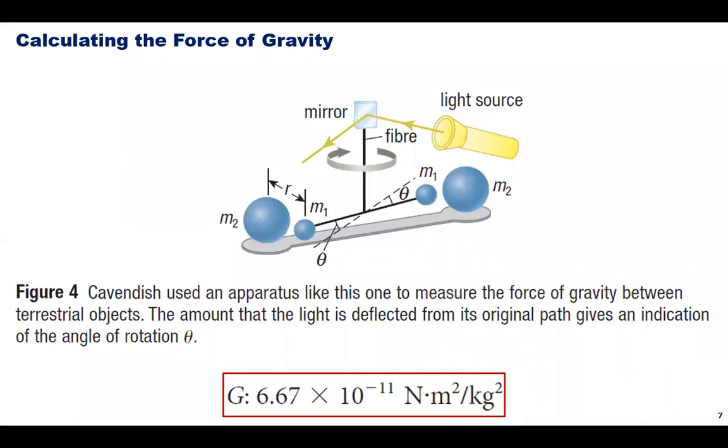Cavendish wanted to measure the gravitational force between two objects on Earth using two large lead spheres. He needed to use spheres with a very small distance between them, or he would have found the gravitational force nearly impossible to observe.